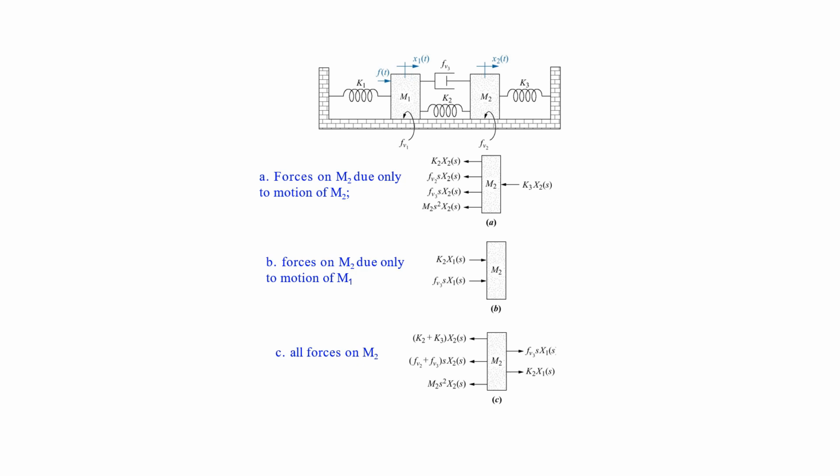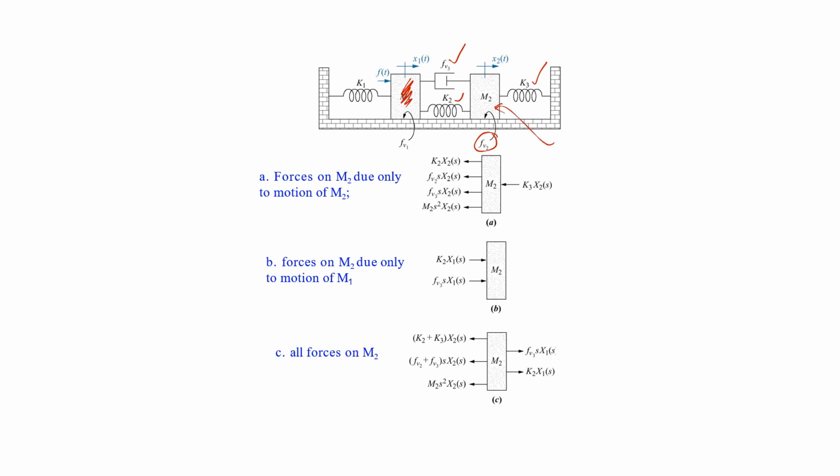Firstly, we will find all of the forces on m2 due only to the motion of m2. So we will hold the m1 mass still, and we will see how many forces are acting on m2. From here we can see that one is the force due to this K3, one is the force due to this friction, one is the force due to this friction, and another force is due to the mass itself.